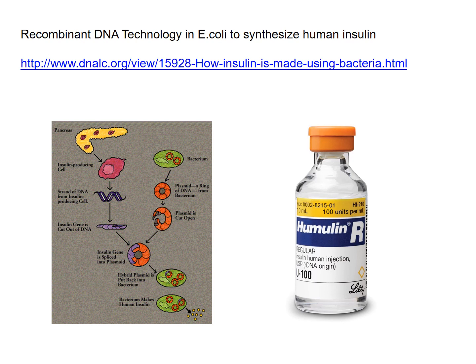So Humulin was the first synthetic form of human insulin, and that synthetic insulin was made in E. coli, again, the Lilly company being at the forefront of insulin synthesis. Let me explain this really briefly. What do you do?